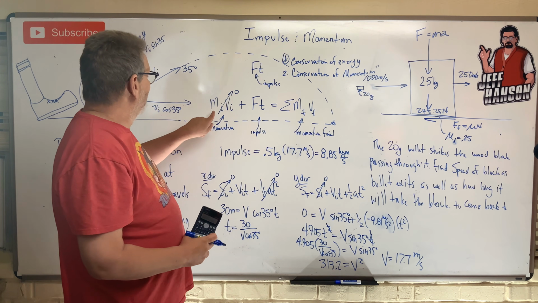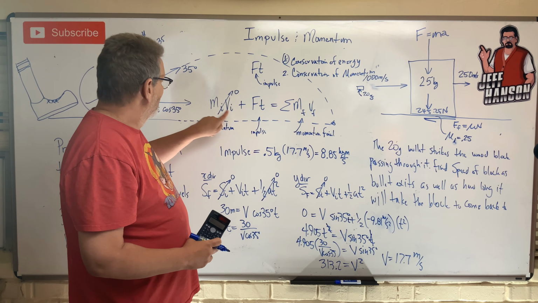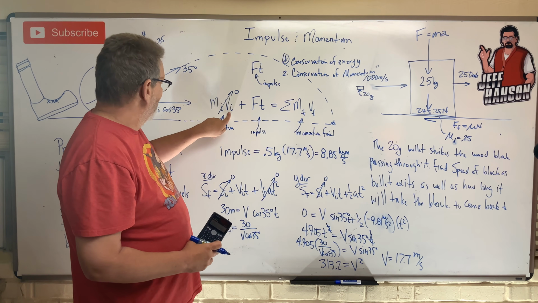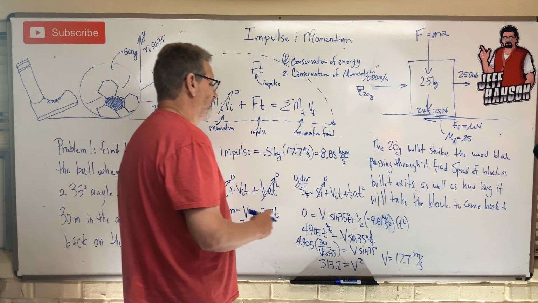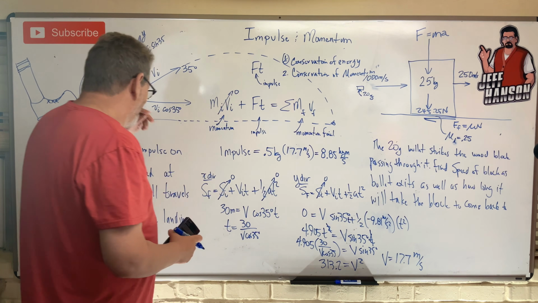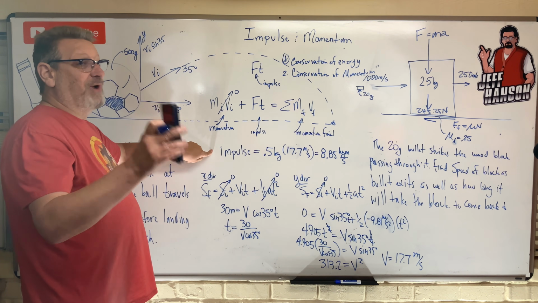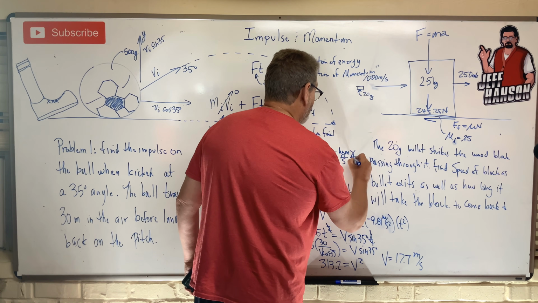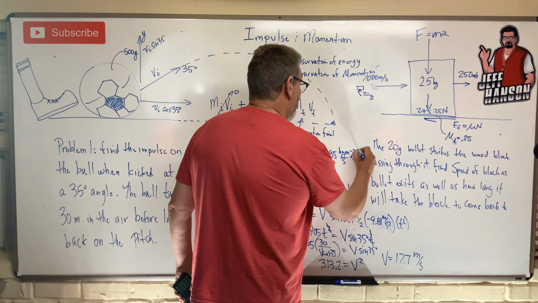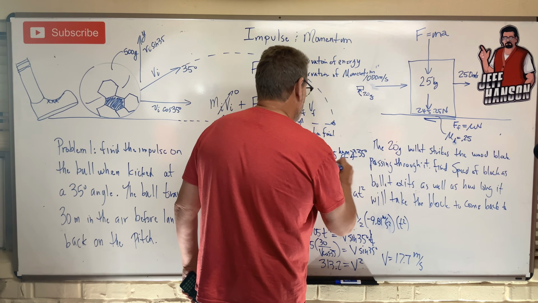Because what's the units for mass times velocity? Well, that's kilograms and meters per second. So that's the same as that, isn't it? Now remember, one thing I told you is impulse direction matters, so we need to put this on there at an angle of 35 degrees.